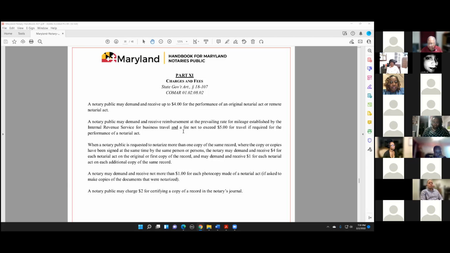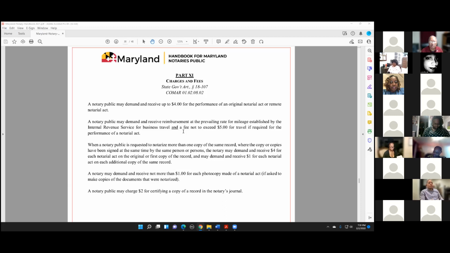So what that is saying is that if someone brings you a document that must be notarized, you can charge $4 for an original signature on the original document. If there are 3 people signing an original document, you will charge $4 for each of the 3 people, which would be $12 for that form.